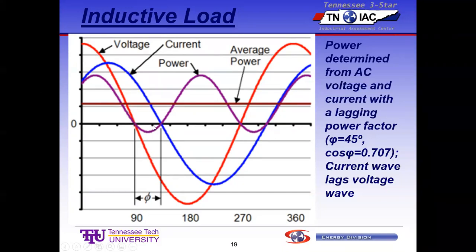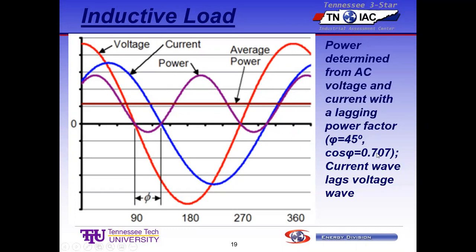So you can think about this in terms of time or angles. In an angular sense, that is the power factor angle, the phase angle between these two waveforms. In this case, it's 45 degrees, and so cosine of 45 degrees is the power factor.